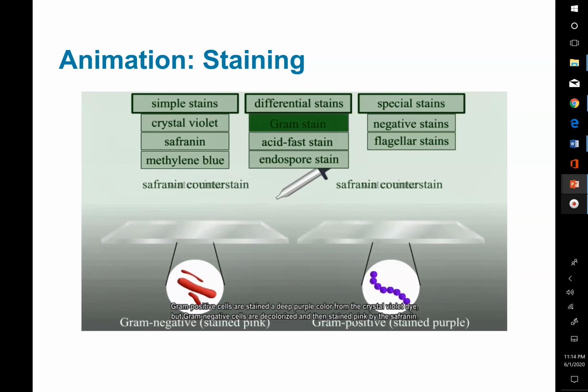Gram-positive cells are stained a deep purple color from the crystal violet dye, but Gram-negative cells are decolorized and then stained pink by the safranin.